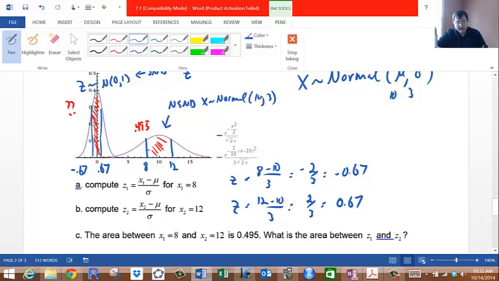Well, it turns out that for any normal random variable, we can always convert that into z-scores and calculate area, which is what we're going to be doing for the rest of the semester. So it turns out that this area here is also 0.495. Okay? All right, so that's 7.1.